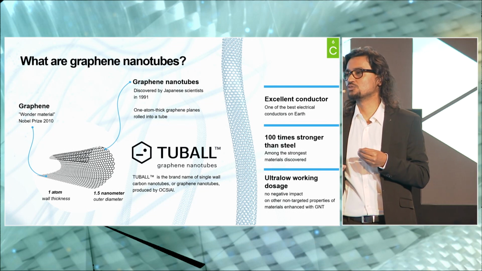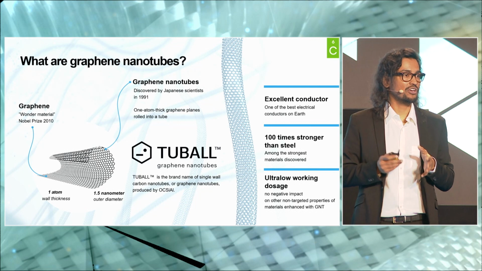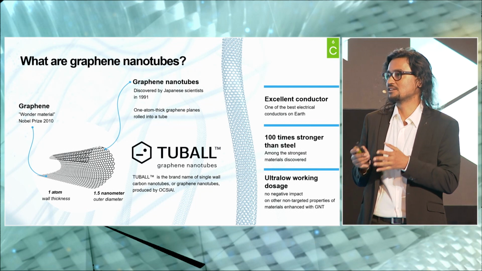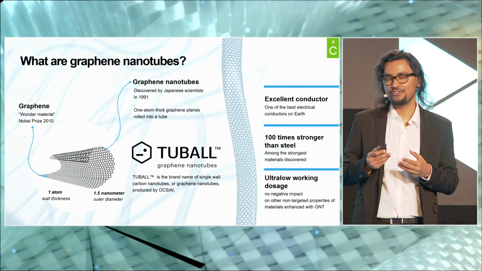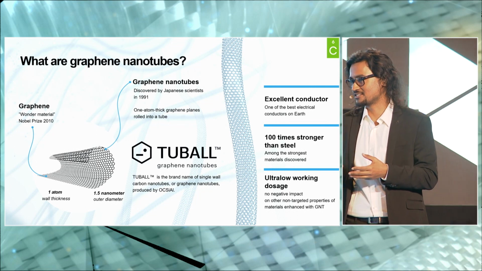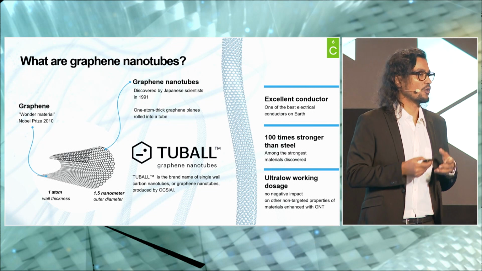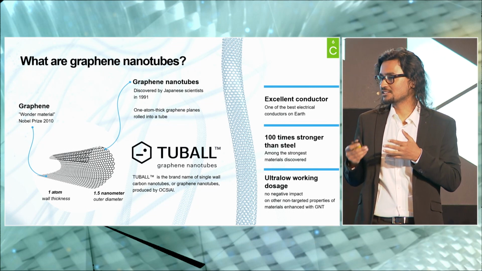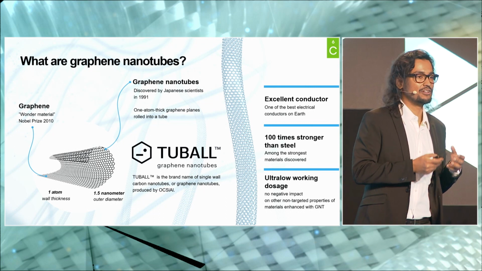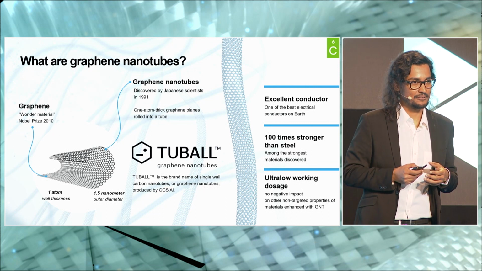So the working dosage is ultra low, parts per million in some cases. All of these properties make graphene nanotubes a universal additive, which you can put in a lot of polymers and get the properties of conductivity and mechanical reinforcement in some cases.